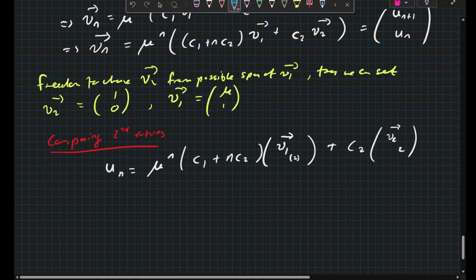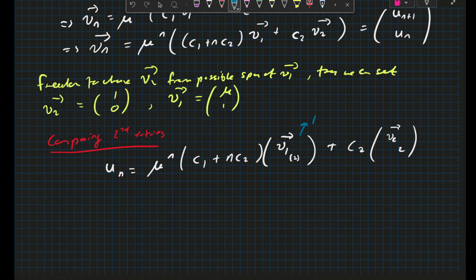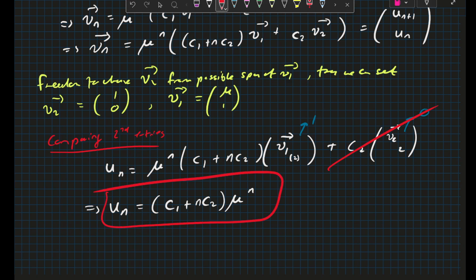But of course, the second entry of V1 is just 1, and the second entry of V2 is 0. So it completely eliminates that term. And rearranging this slightly, we end up with our old favorite u n as C1 plus nC2 times mu, that root, to the power of n.